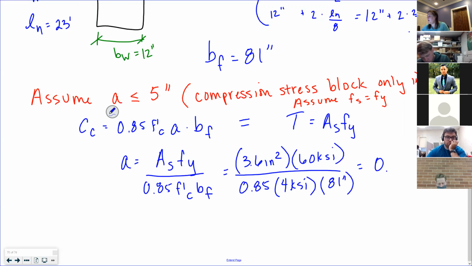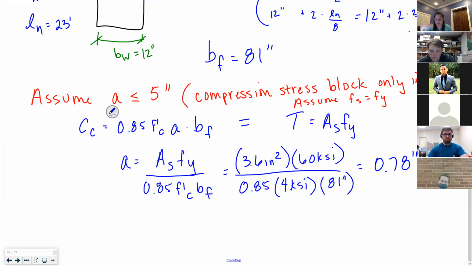So I get a equals 0.78 inches. So yay, I'm still only in the flange because my stress block is way less than 5 inches.